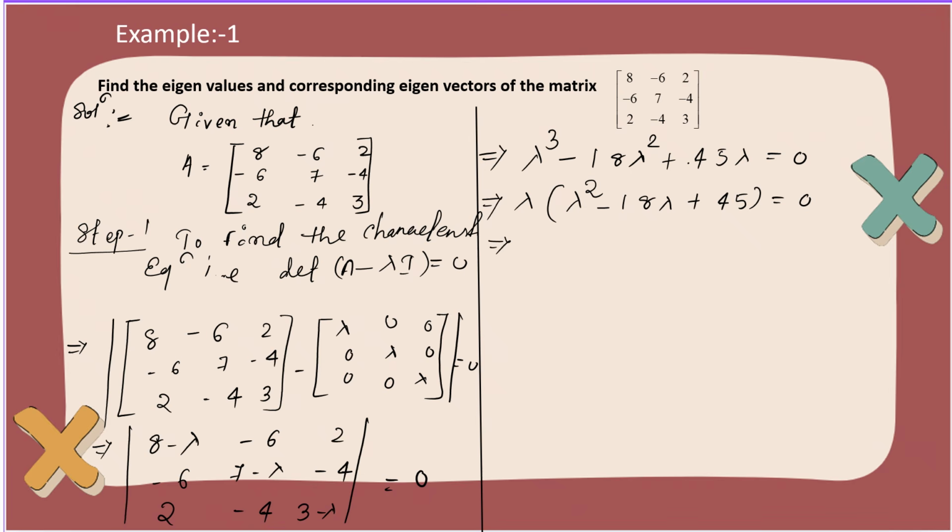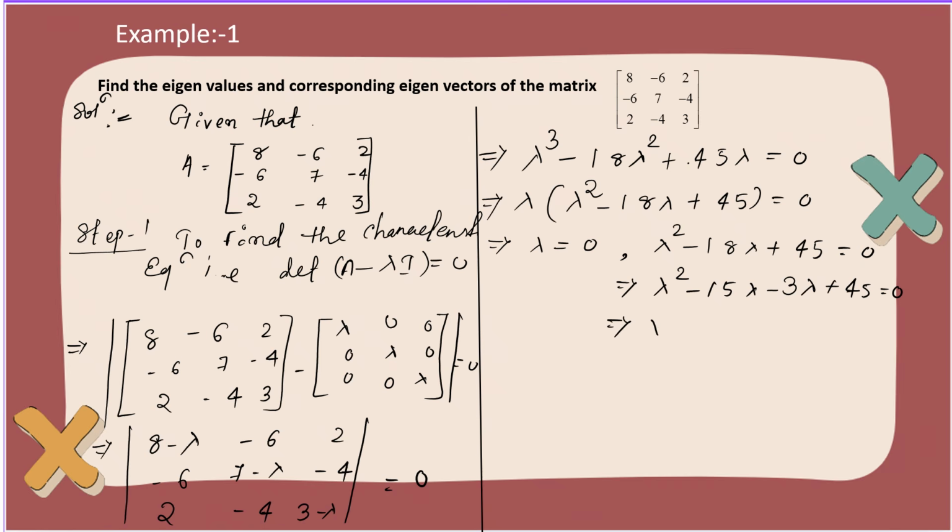So here one lambda value is already found, that is 0. Now solve this quadratic equation to get the other two values: lambda square minus 18 lambda plus 45 is equal to 0. When you solve, this is lambda square minus 15 lambda minus 3 lambda plus 45 is equal to 0.